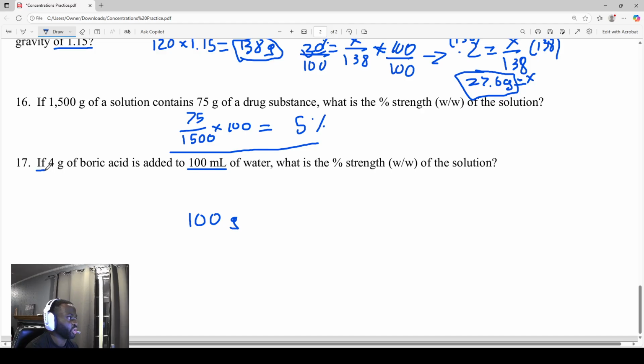But over here, it also states that 4 grams of boric acid is added to 100 milliliters of water. So our final solution is not 100 grams, it is in fact 100 grams plus 4 grams, making our entire solution 104 grams.